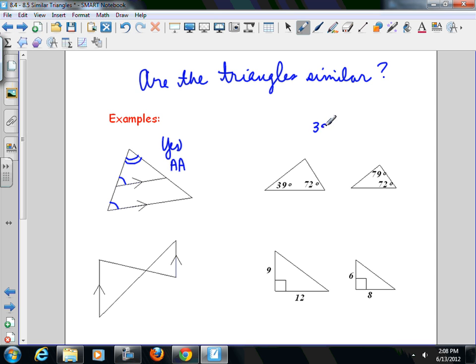So we have 39 plus 72. If we add those together, we get 111. 180 subtract 111 gives us 69 degrees.